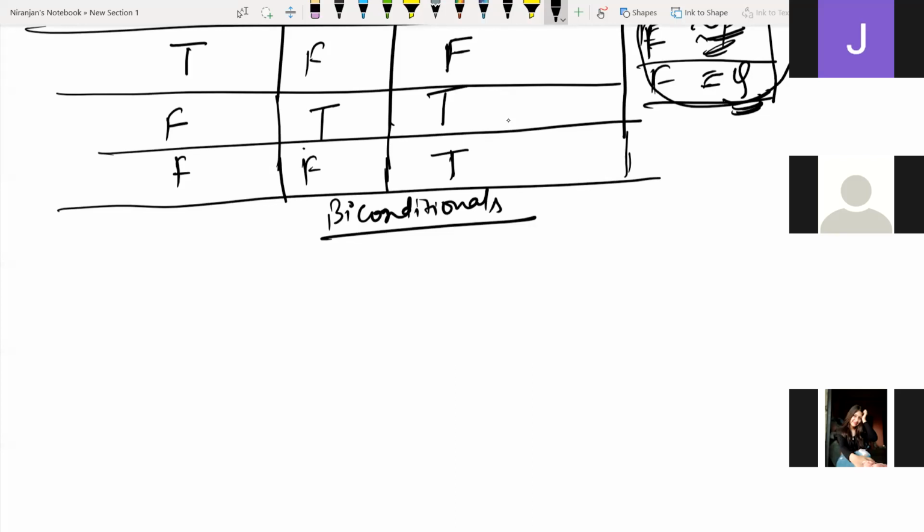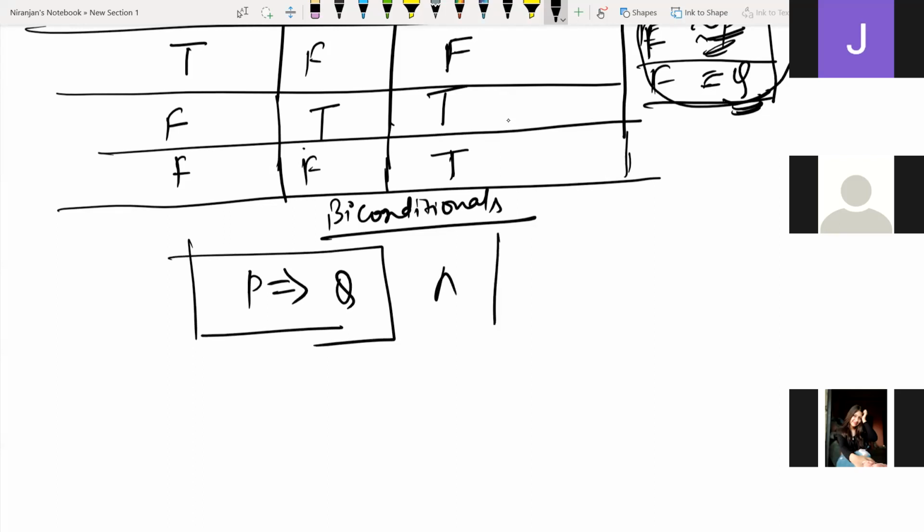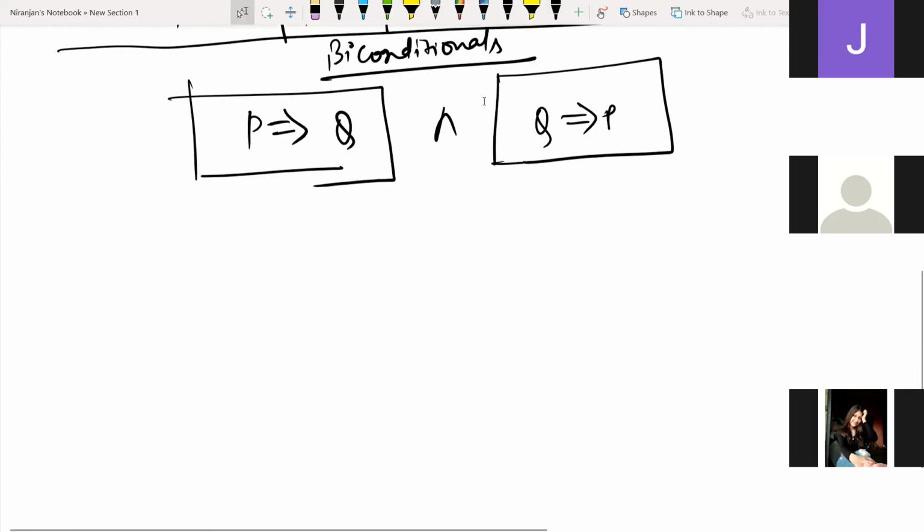Fine, then I'll start with biconditional. So what does biconditional mean? It means that P implies Q and Q implies P. Okay, so that is what it means.